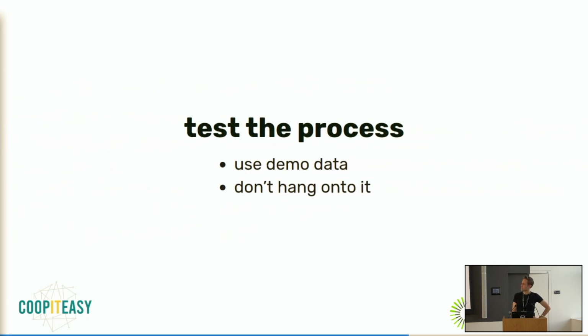Okay, so how do you get started? First, if you directly try to migrate the production database, which might be huge, you might lose a lot of time. So you should first create a database with the same modules as the production database and with demo data. This will allow you to test the process much more quickly. But don't hang onto it though, because sometimes demo data causes migration errors.